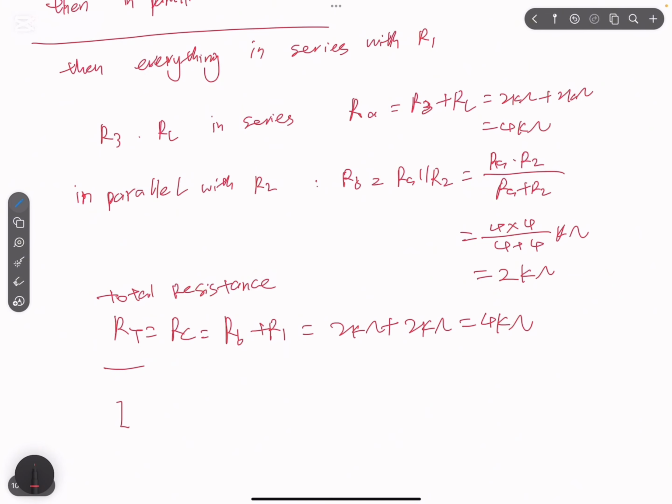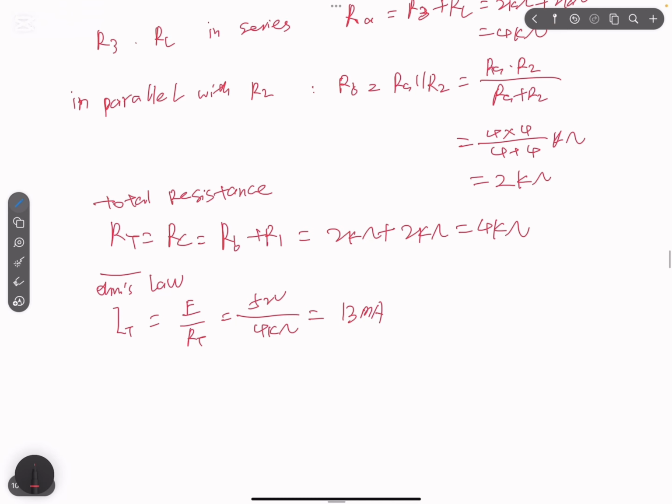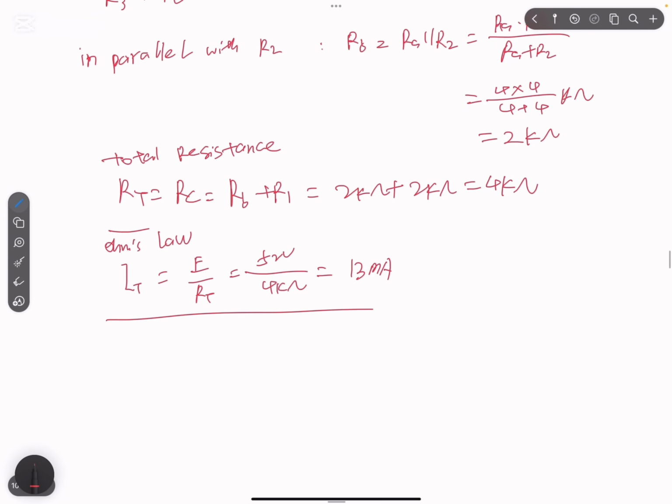we can get the total current IT by using Ohm's law. That will be E divided by RT, which is 52 volts divided by 4 kilo ohms. That'll give us 13 milliamps. So we get the total current here.